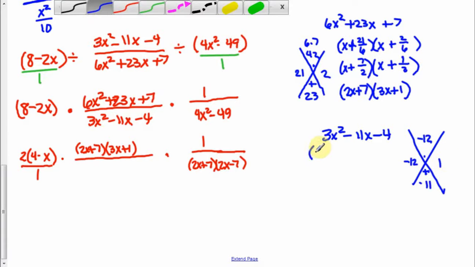First step is not right. x minus 12 over whatever the a is, which is 3, times x plus 1 over 3. Reduce, x minus 4. And then this one won't reduce, so we bottoms up. 3x plus 1.